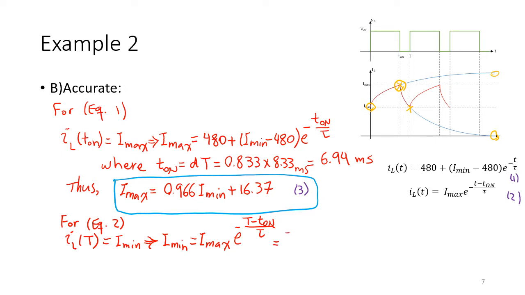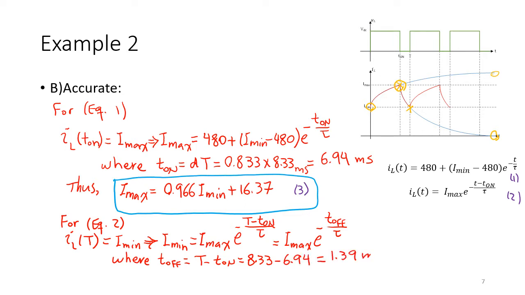It is equal to I max e to the minus T off over tau, where T off is equal to T minus T on, which is 8.33 minus 6.94. It will be equal to 1.39 milliseconds.